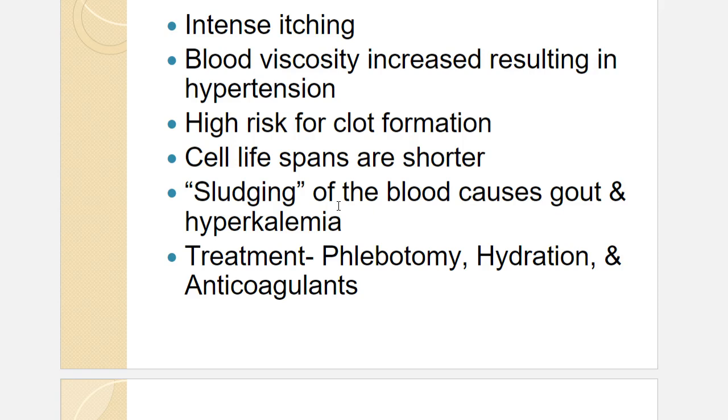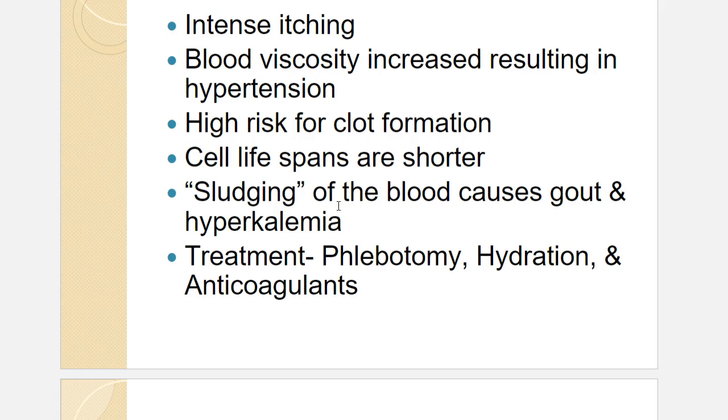Okay, so that is polycythemia vera. Now this is different from polycythemia, where we would see that happen in our patients who have heart failure, where they have that state of hypoxia that kind of triggers erythropoiesis to happen.